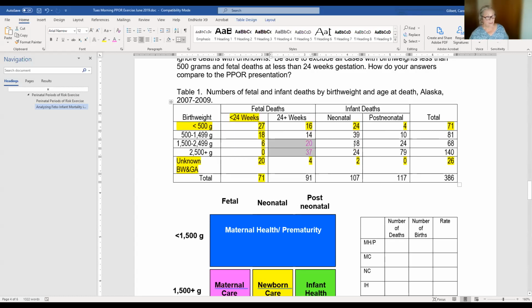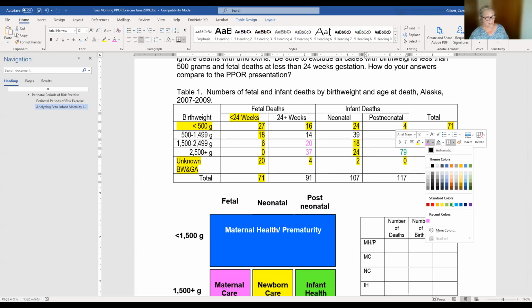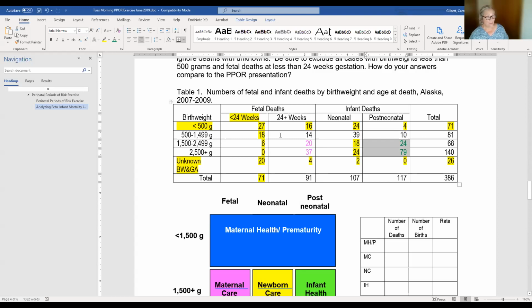Then the infant deaths, the yellow box is here. And then the green box is these. So the only people who are in the blue box is this top row, because it's between 500 and 1,500 grams, and they're fetal deaths, neonatal deaths, and post-neonatal deaths.